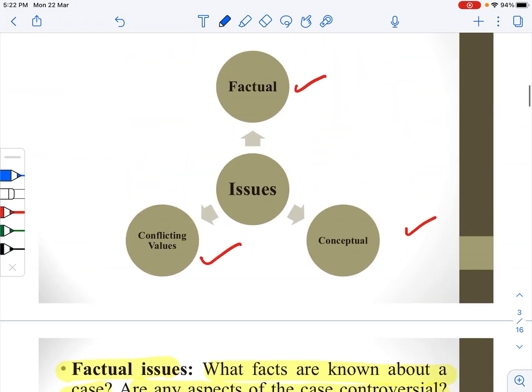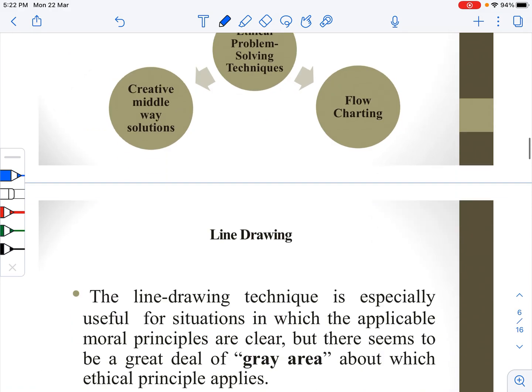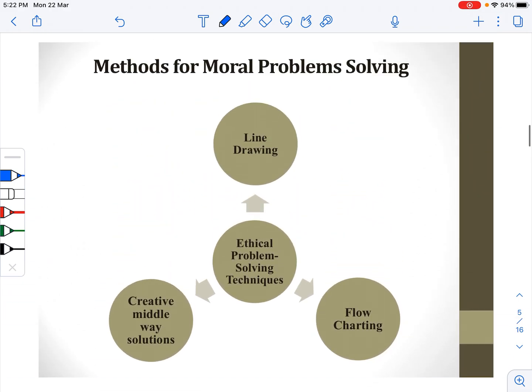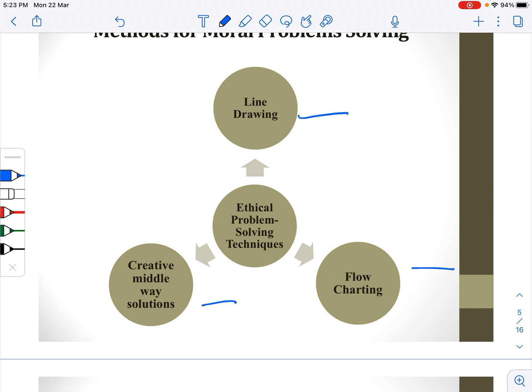When you want to come up with the evaluation of alternative actions, you may refer to this, how to come up with the action to be taken. So you have line drawing, flow charting, or creative middle way solution. After you list down the alternative solutions and you want to justify which action you want to take, you can use one of these three methods.